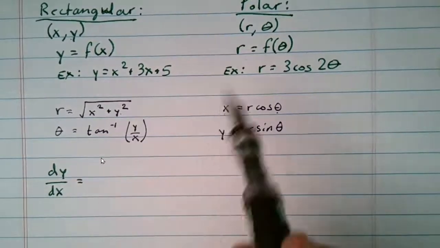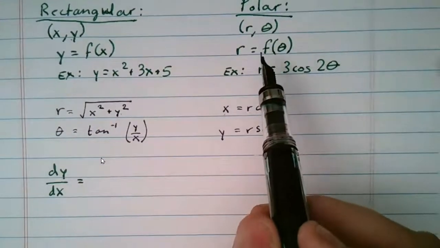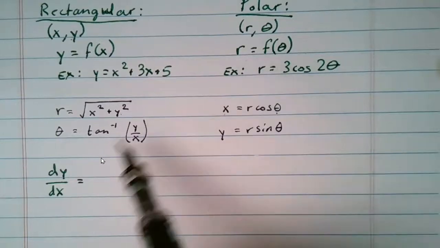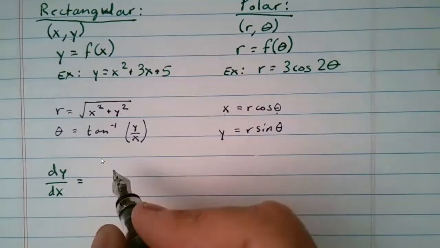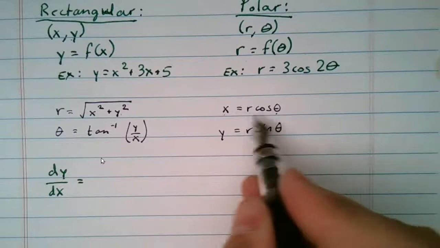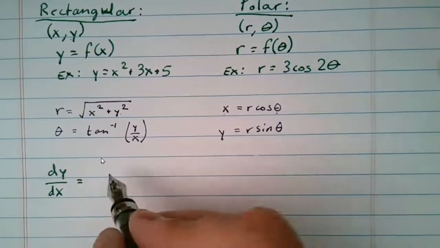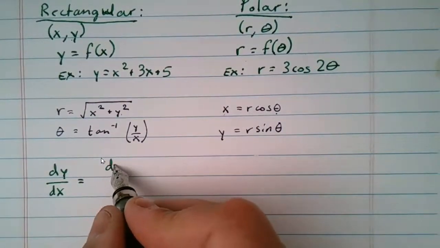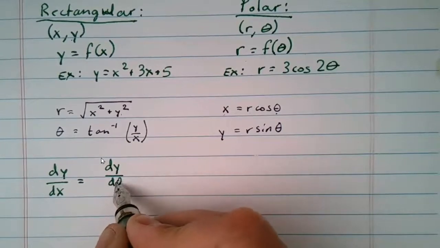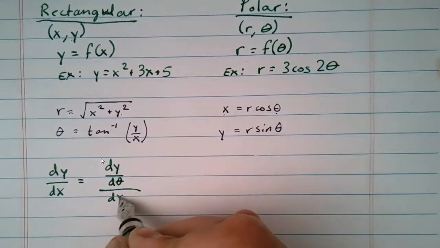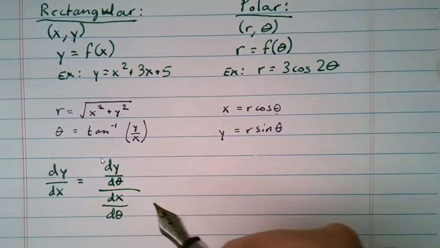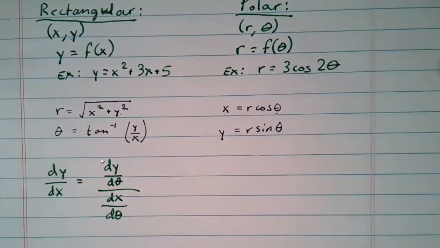Okay, if we are given a polar curve and we want to find dy dx, and we have something defined as a function of theta, this would be equal to dy d theta over dx d theta.